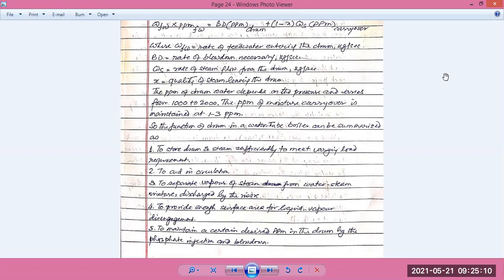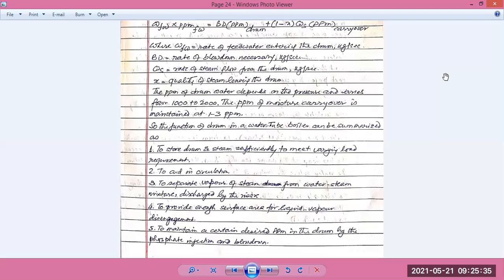So the riser and this downcomer should be natural transmission. This transmission will take place according to the density of mass, or you can more precisely say the density of the saturated water and the water vapor and steam.